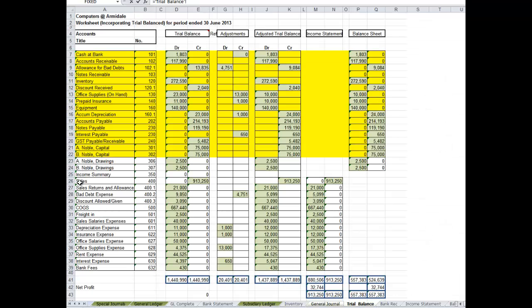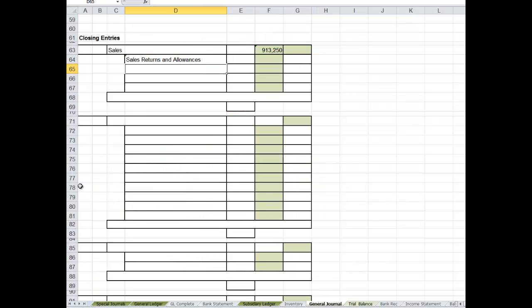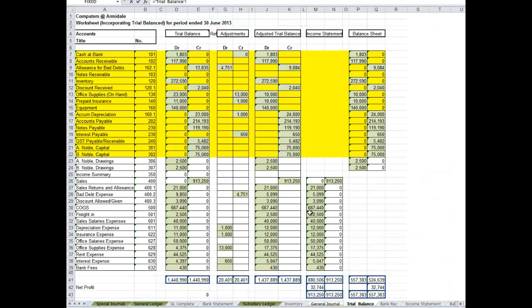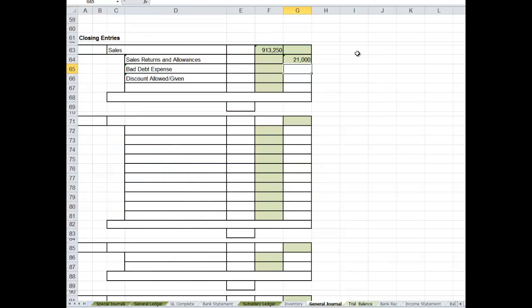The contra accounts are sales returns and allowances, bad debts, and discount allowed, which is the same as the discount we give. Now what are these amounts? As I said, this is a pretty straightforward process. So we see 21,000, a bit over 5,000, a bit over 3,000.